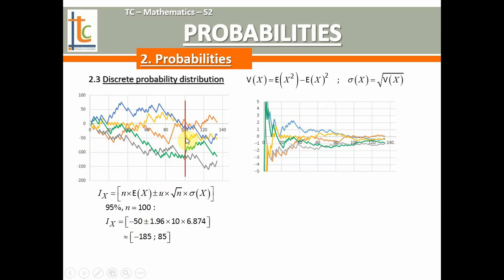That means that after 100 trials, 95% of the simulations will cross this segment. And that means that 2.5% of the simulations will be higher and 2.5% will be lower.